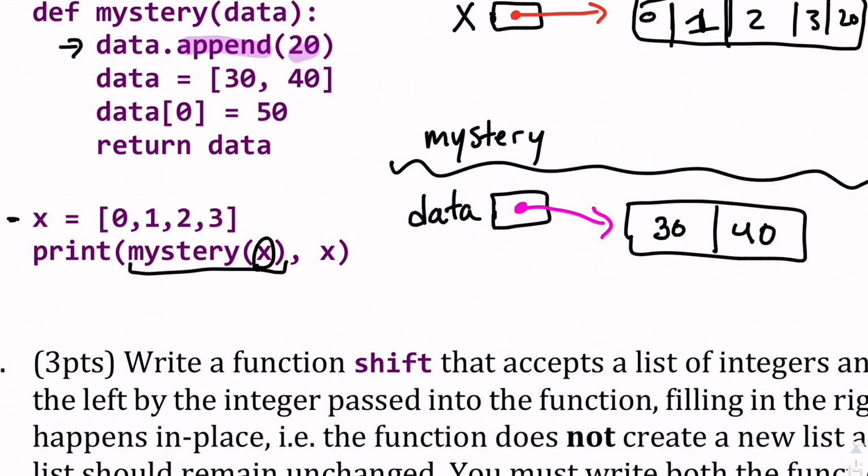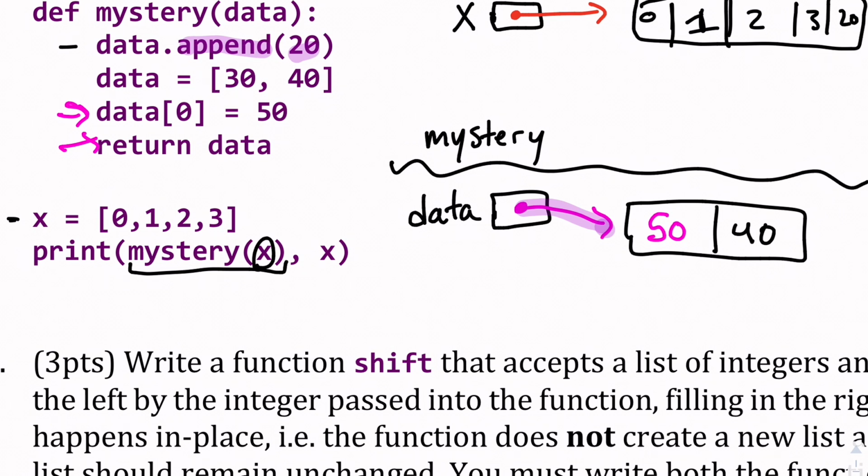Then the next line of code is data at 0 equals 50: follow the reference, go to index 0, and change that number to 50. Return data says return the list that we just made.